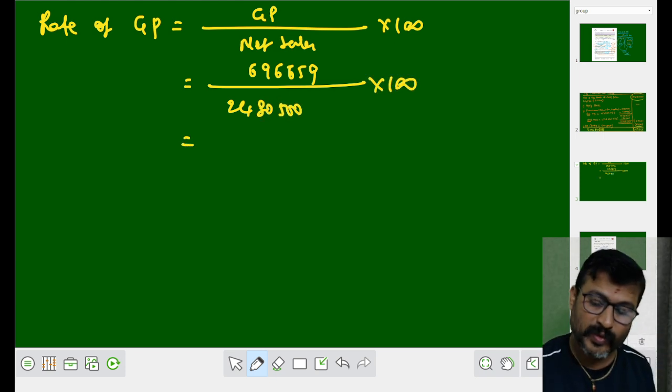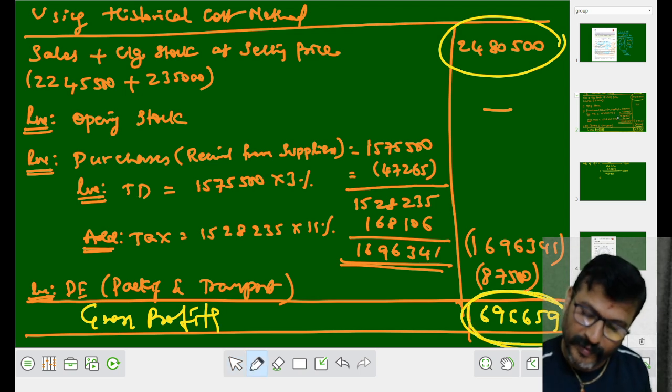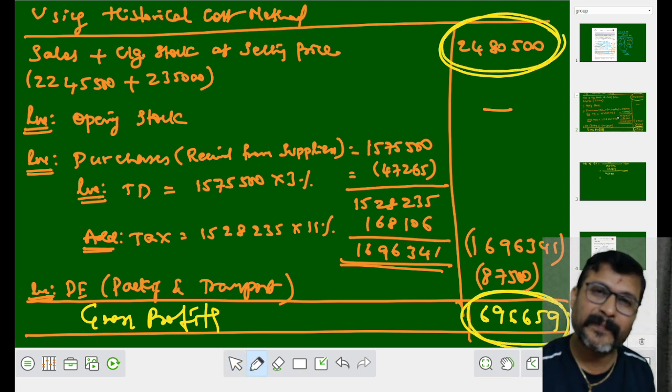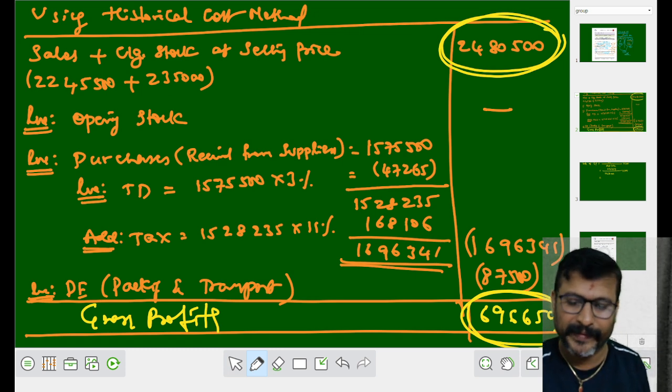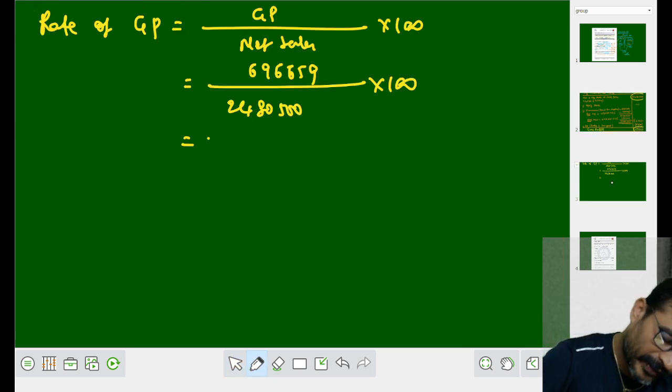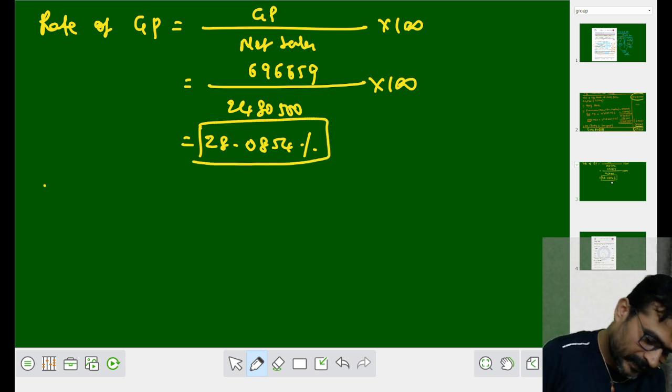This is the gross profit, this is the net sales. As we learnt in previous classes, we get the rate of gross profit as 28.0854%.